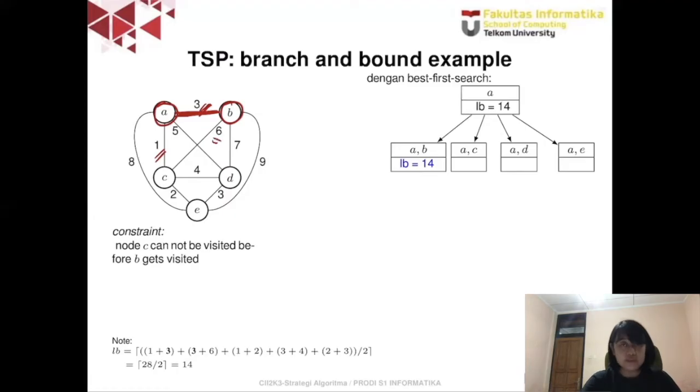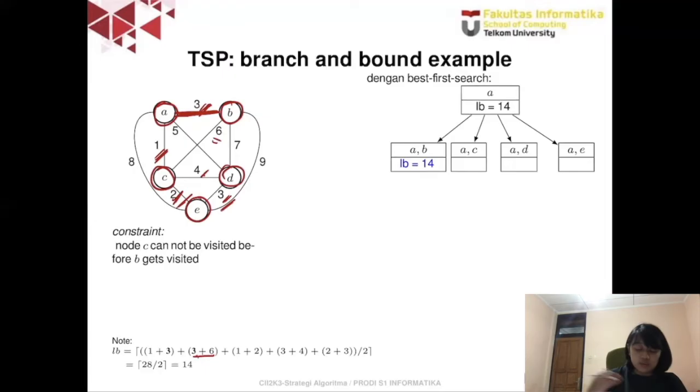So we have this for B. Then for C, we don't have any solution edge attached to C yet, so we just need to find the 2 minimum weights attached to it, which are 1 and 2. And then for D, we do the same, we choose 4 and 3. And then for E, we have 2 and 3, like this. So we have the bound of 14.